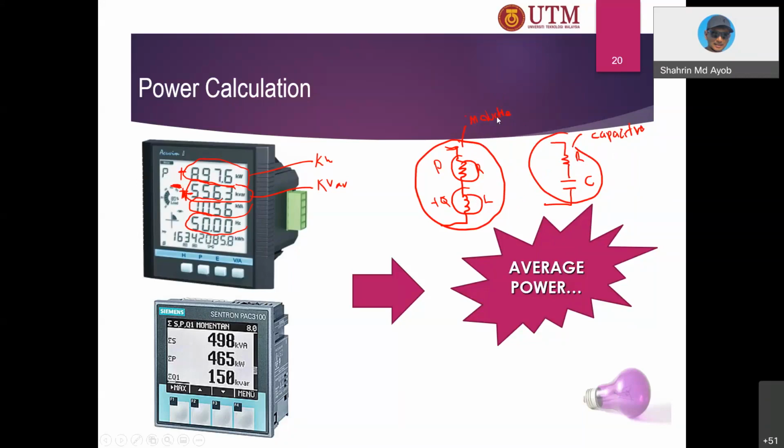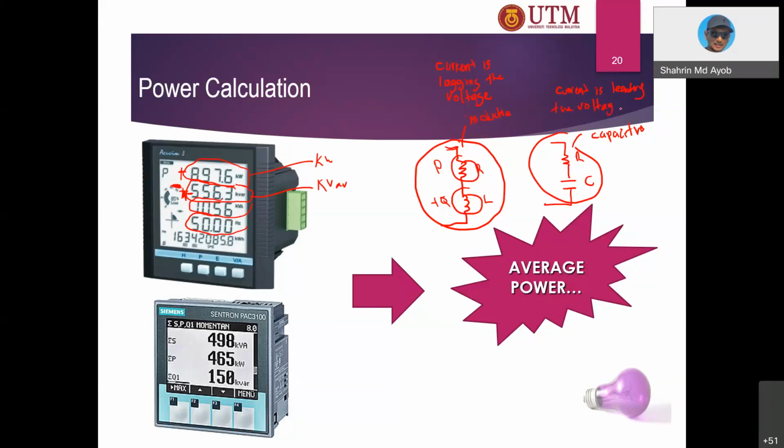So if you have an inductive load, it means that your current is lagging the voltage. For the capacitive load, the current is leading the voltage.